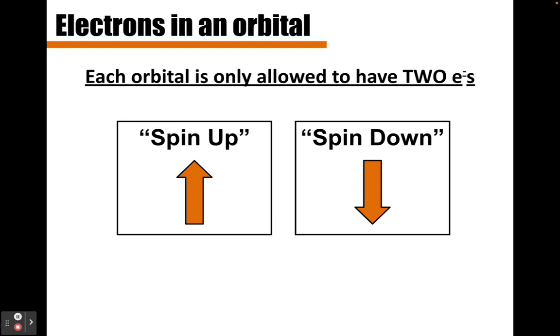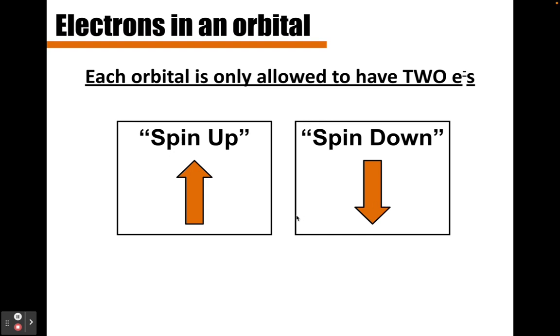And so when 2 electrons occupy the same orbital, they have to have opposite spins. So you can't have 2 electrons in the same orbital with the same spin. That's not allowed.